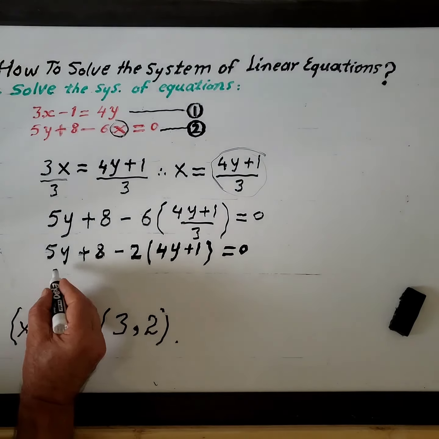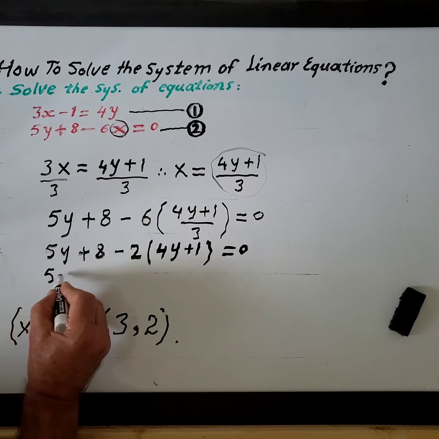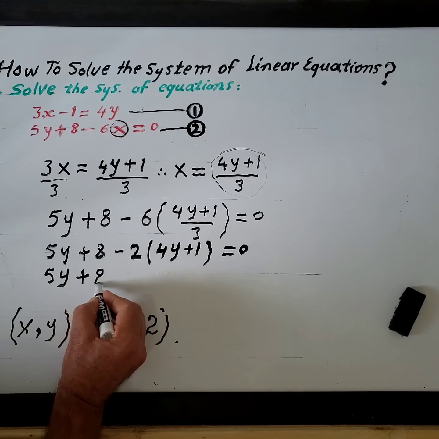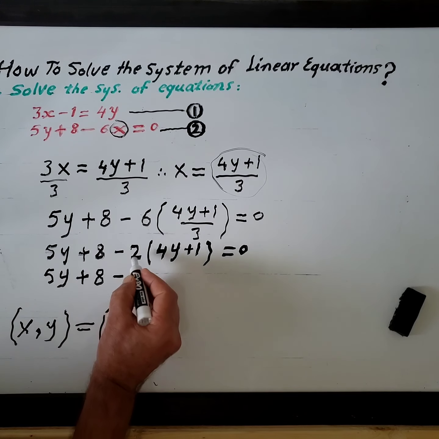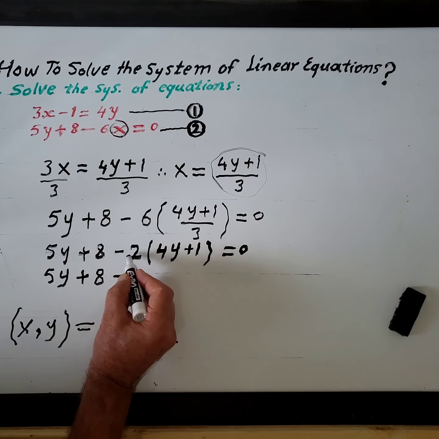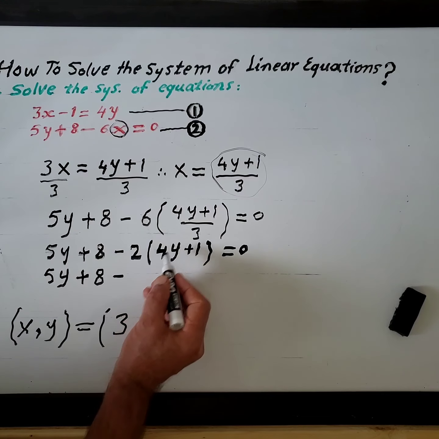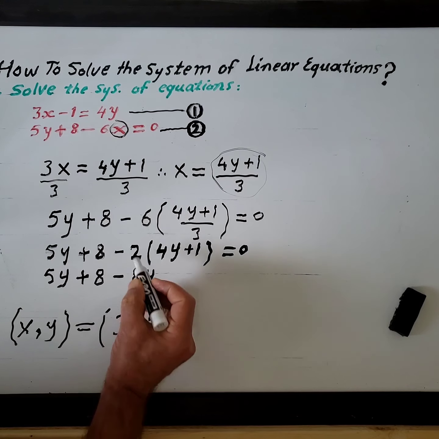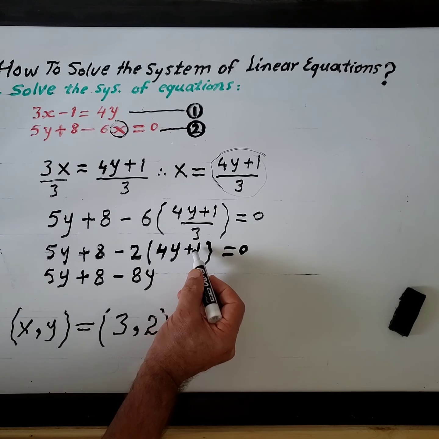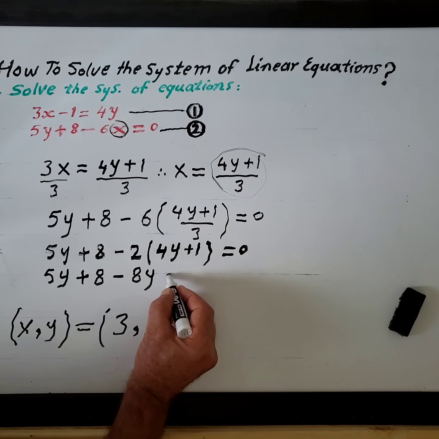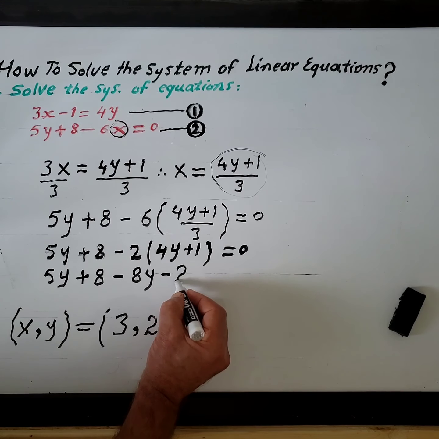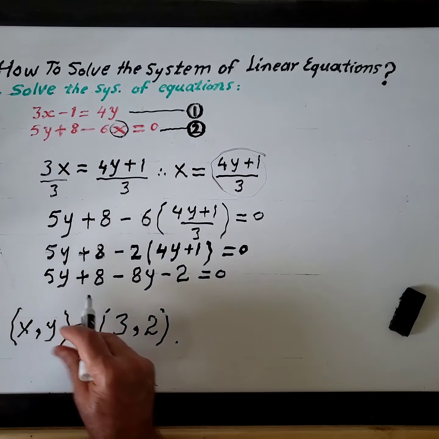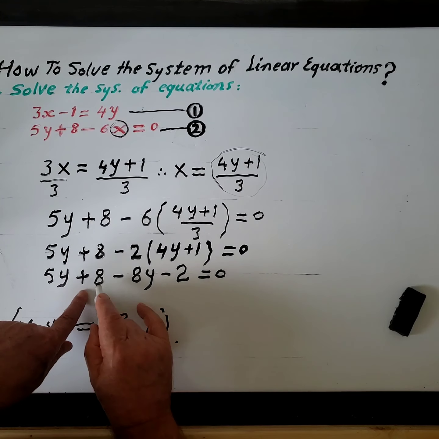You will get 5y plus 8 minus 8y, because when you multiply 2 by 4y, that means 8y, and minus 2 times plus 1, it will give you minus 2, equal to 0. Also we can simplify this equation.